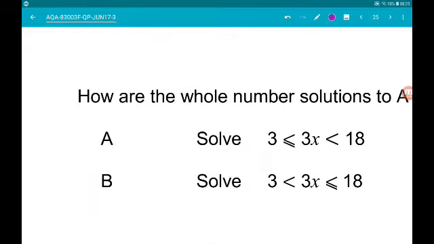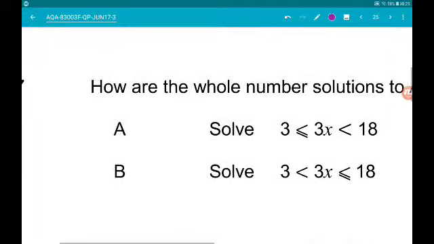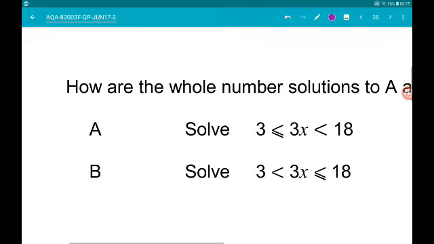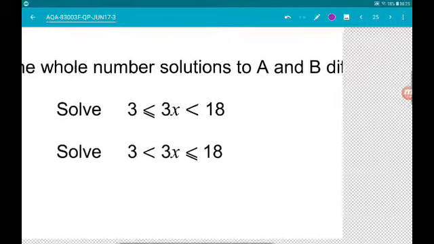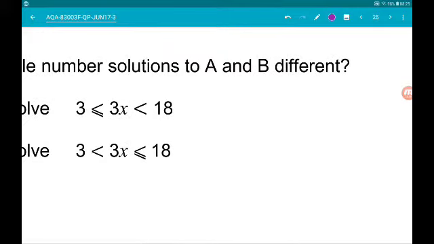Okay, then the final question, inequalities. I'll put my inequality stuff down below. So, how are the whole number solutions to A and B different?